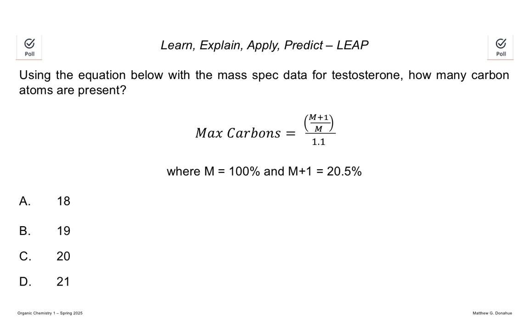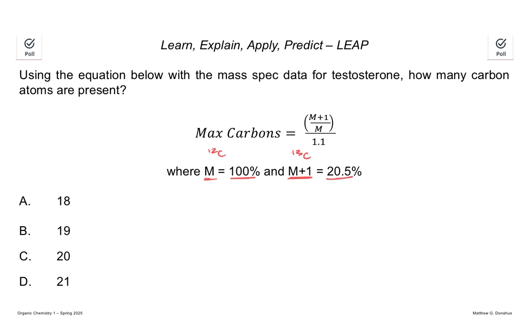So these were the abundances. Your M was 100%. Your M+1: again, the M+1 is due to the carbon-13 contribution.